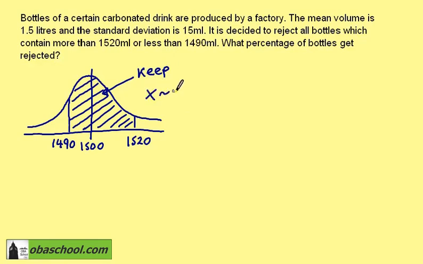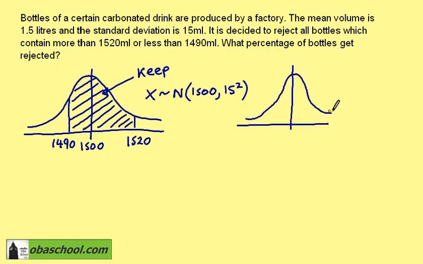X here is a normal distribution with mean 1,500 and variance 15 squared. If we look at the composition of this area, we can make it up using two areas.